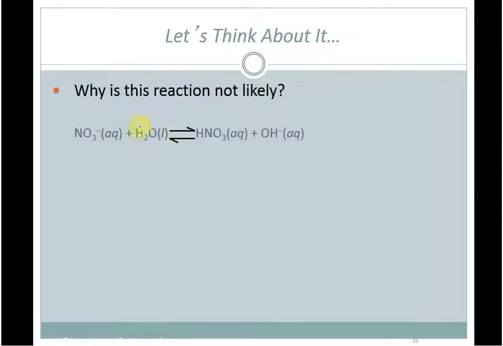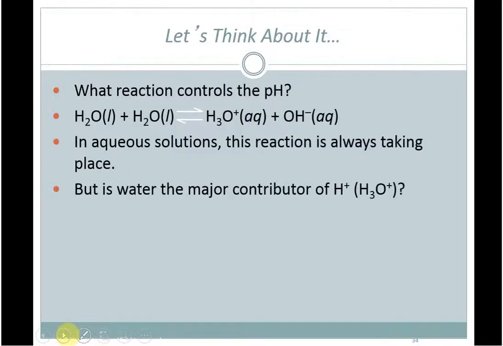But because nitric acid is a strong acid, its conjugate base, that nitrate ion, is very weak. It does not want to go back to the molecular form. It wants to stay ionized. That means when we go to do this, we can consider not really having to worry about this water.